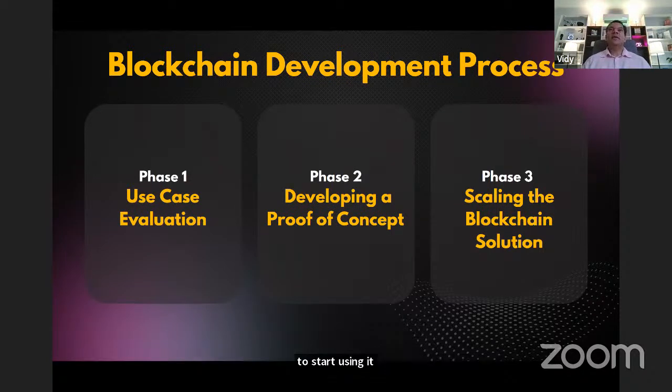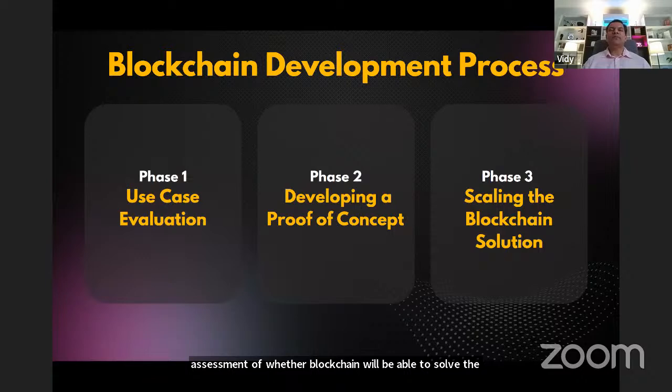Typically, the use case evaluation or phase one is where we first discuss with the client and try to understand what problem they are trying to solve and whether blockchain is going to be the ideal solution for them to get those results. Use case evaluation is an important step because at this stage we do an assessment of whether blockchain will be able to solve the challenges that the company is trying to face.